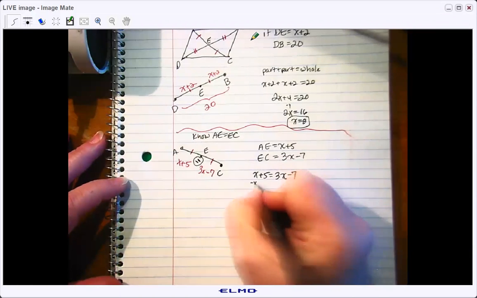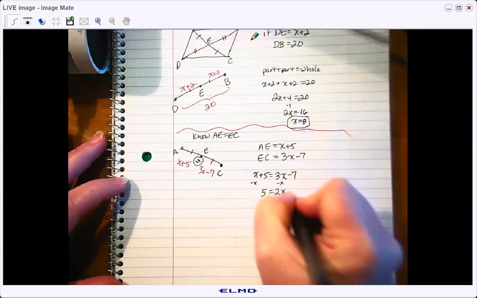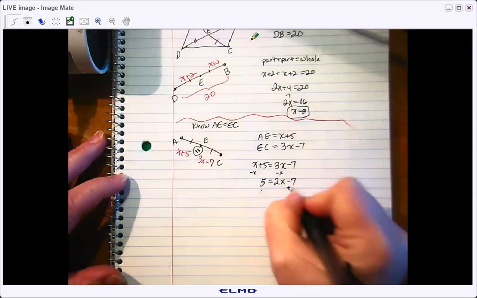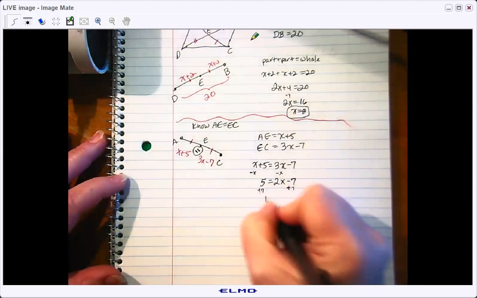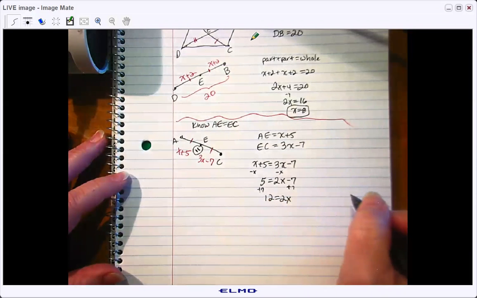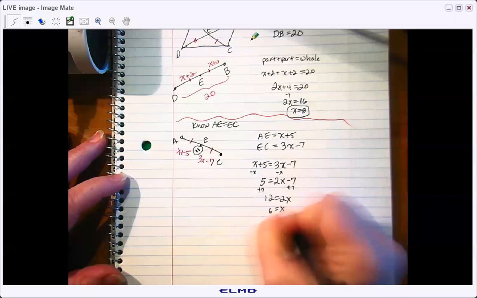So subtracting x on both sides, 5 is equal to 2x minus 7. And then we can add 7 to both sides. So 12 is equal to 2x. And then dividing both sides by 2, we get x equals 6.